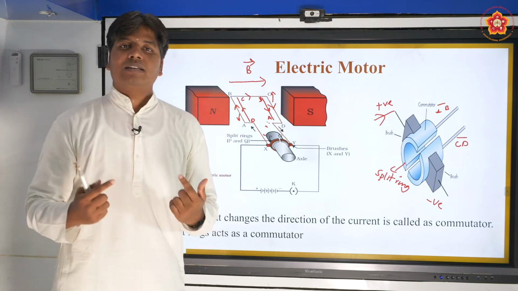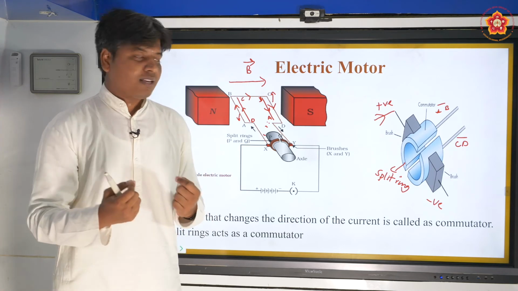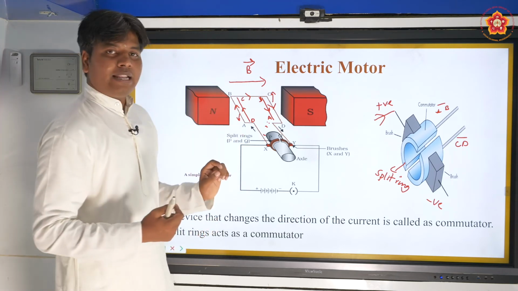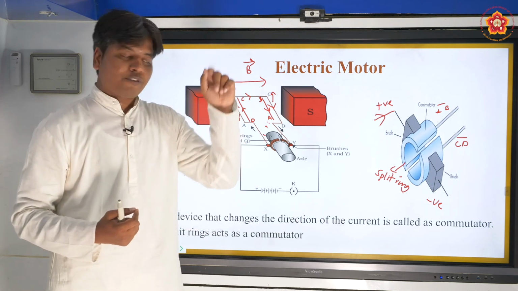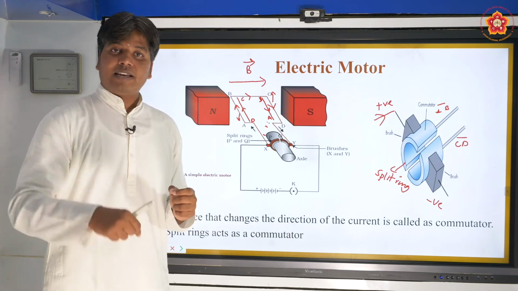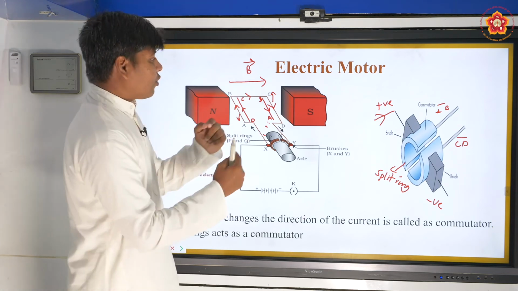We constructed the instrument in such a way that one segment of this coil experiences force in one direction, and the other segment of the coil experiences force in the other direction, which makes the coil rotate.